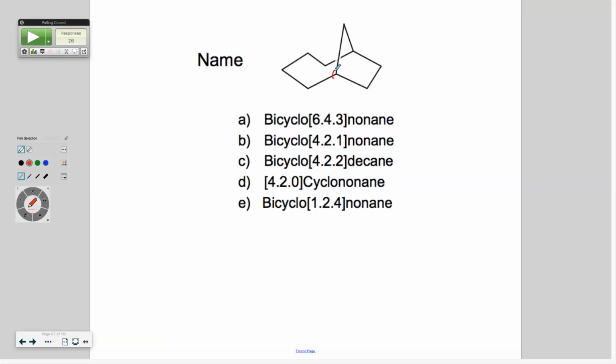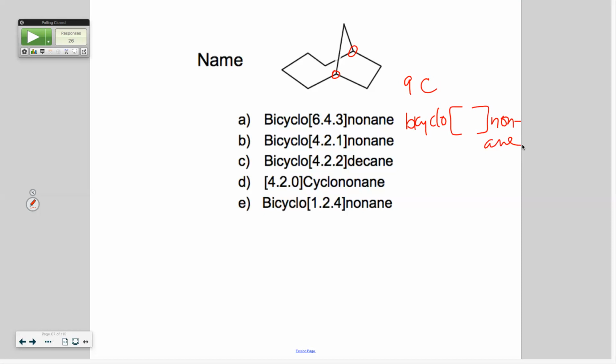So these two are your bridgeheads. Okay, so how many carbons are in the whole framework? 1, 2, 3, 4, 5, 6, 7, 8, 9. I'm getting 9. So that means your base name is nonane. So it's going to be bicyclo, nonane.